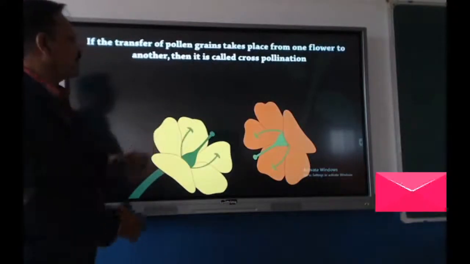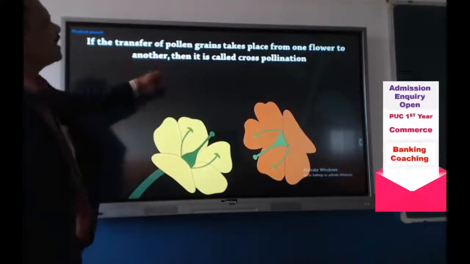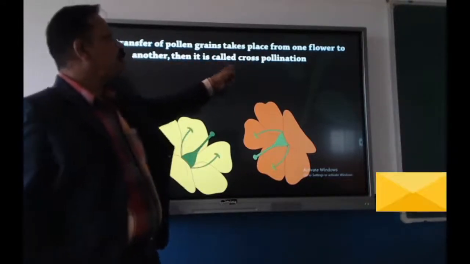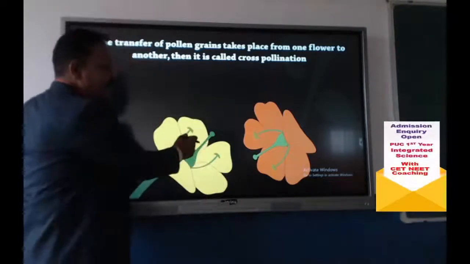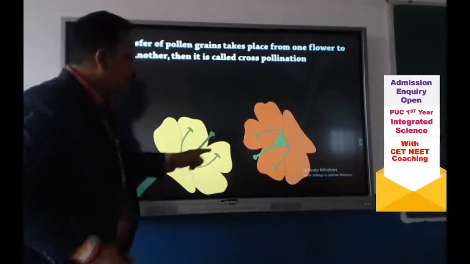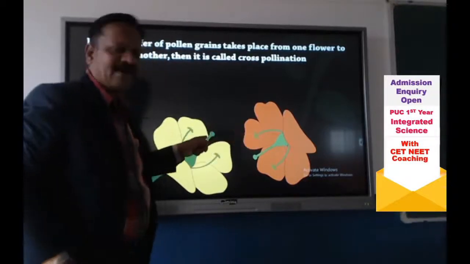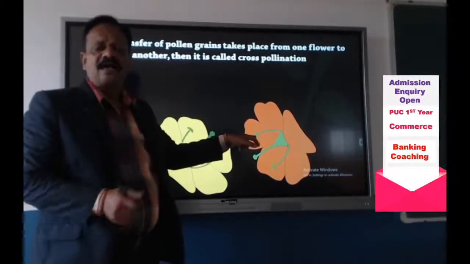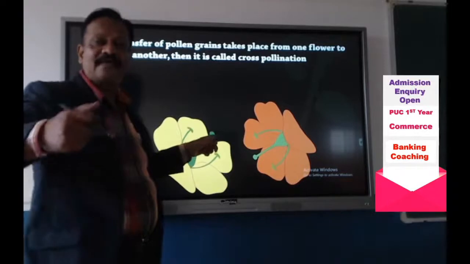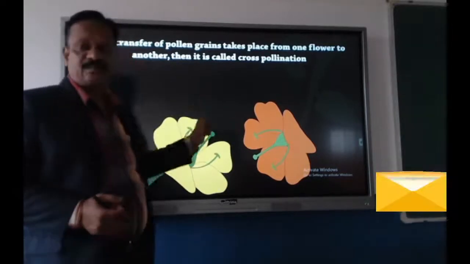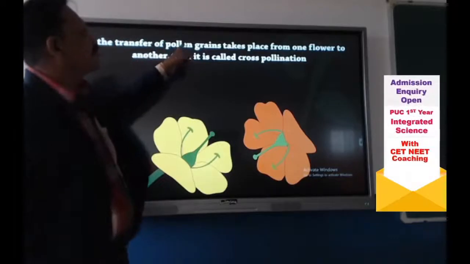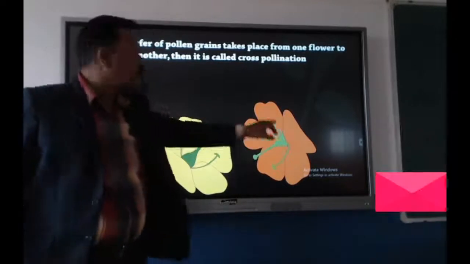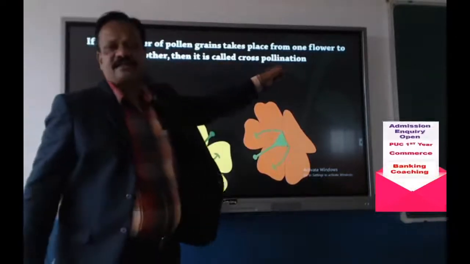Now, if two different flowers are there and the transfer of pollen grains takes place from one flower to another, then it is called cross-pollination. The pollen grains from the anther of one flower are transported to the stigma of another flower.